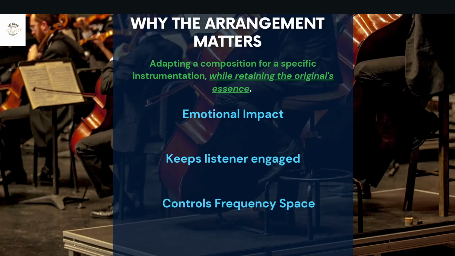So when you're looking at the arrangement, make sure that you're optimizing the combination of instruments so you create the emotional impact. Which instrument should be playing the melody? Which should be playing the secondary melody, if there is one? And which should be doing the accompaniment or the harmonic progression on top of that?